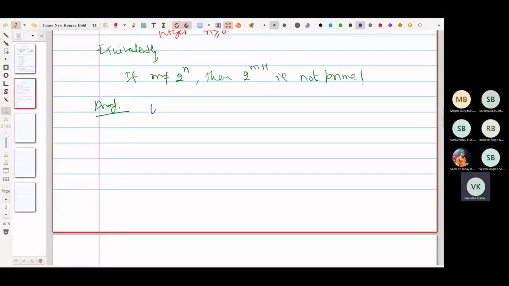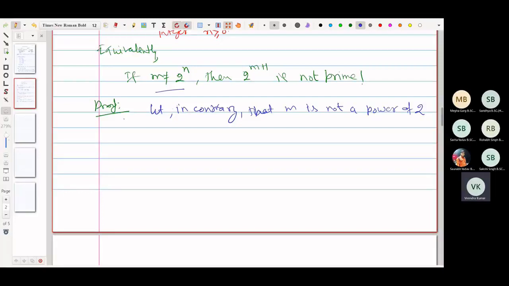So let us assume, on the contrary, that m is not a power of 2. That's what we have written here, in a contrapositive way.